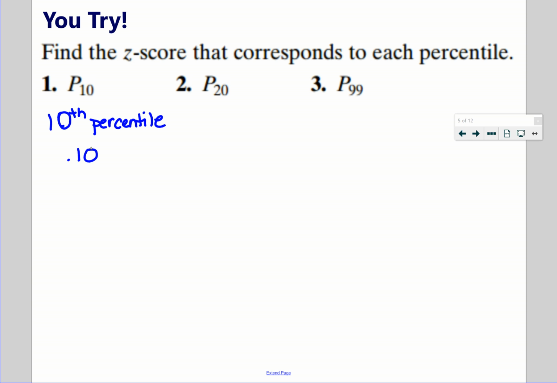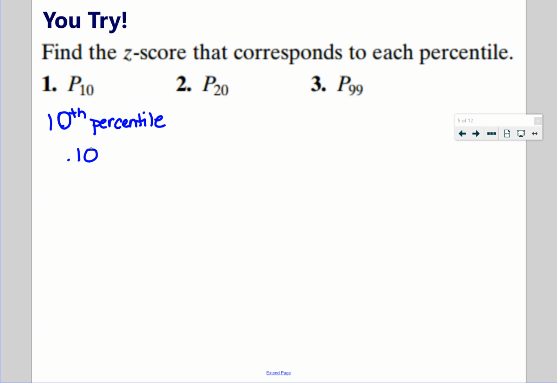0.10, let's see. And we're not going to have exactly that number. Do you guys see it's going to fall between negative 2.33 and negative 2.32? Okay, when we're doing percentiles or something below, we're always going to pick the lower one. We're going to pick the value below that 10%, because if I pick the 0.1020, that's really above 10%.